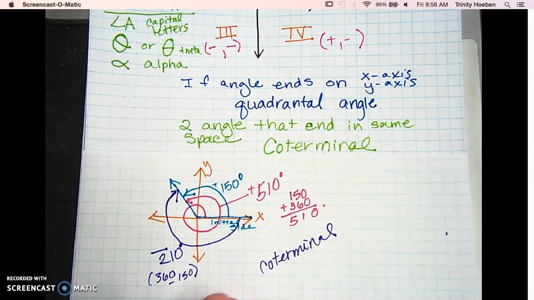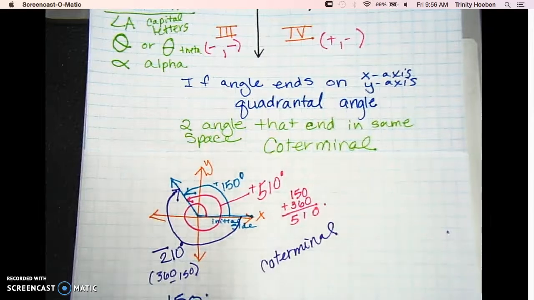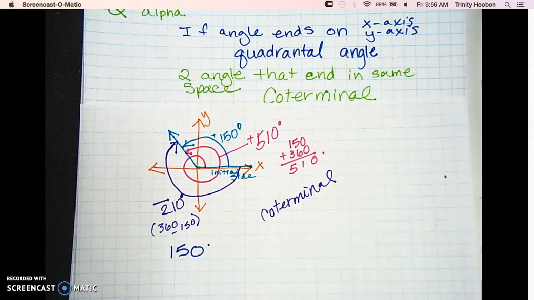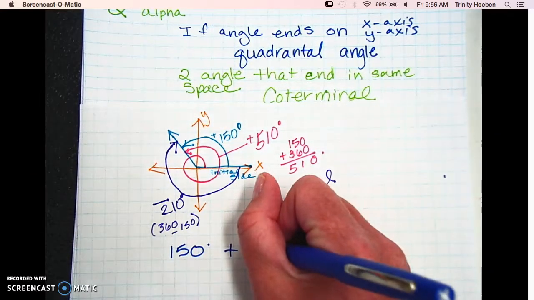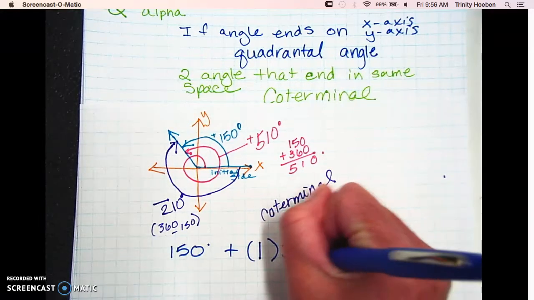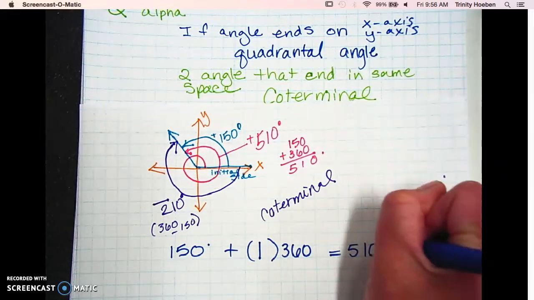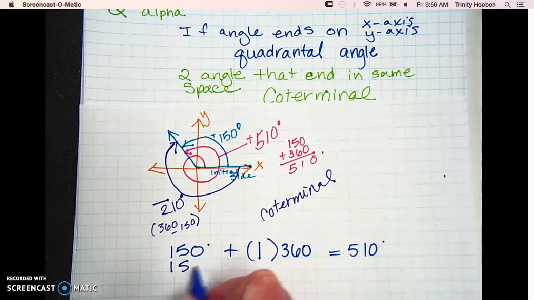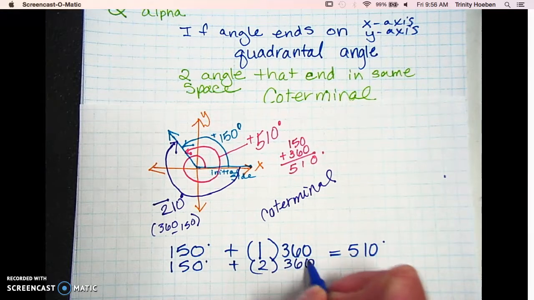Okay, so what you would do is you would start with 150 because that's the one that's kind of in the standard position, right? And then you would add 1 times 360, which is what we did right here, and that's how we got the 510 degrees, right? Then if you wanted to do 2 rotations, you'd start at 150 and you would add 2 rotations of 360.